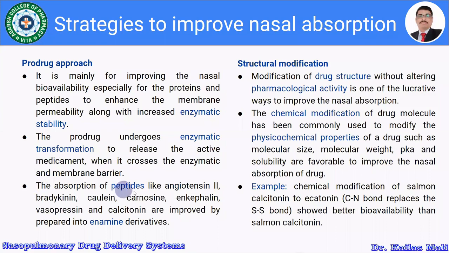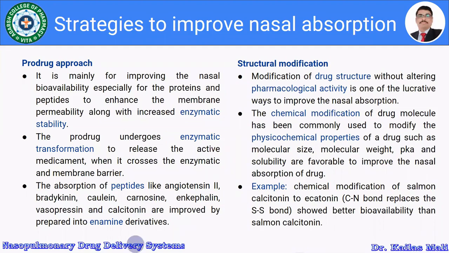The absorption of peptides like angiotensin II, bradykinin, carnosine, enkephalin, vasopressin, and calcitonin is improved by preparing them into enamine derivatives. So these are certain examples of peptides whose permeability or absorption is enhanced when converted into the enamine derivative.